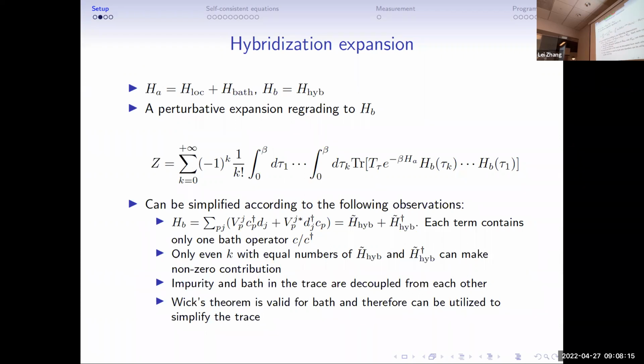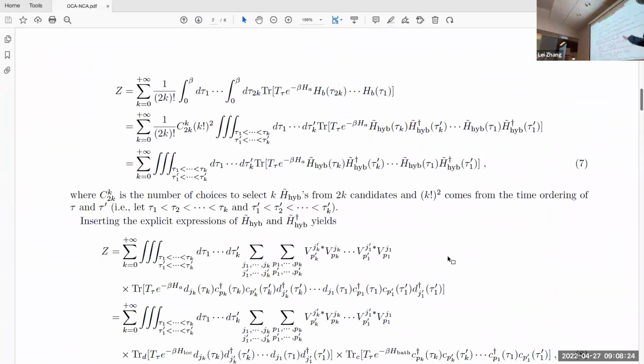And it can be simplified by some complicated calculations. And here, I have a note for the detailed derivation. If you want to look through the derivation, this note will be uploaded on our homepage later.